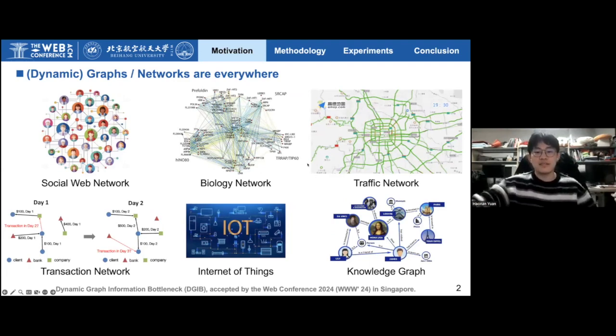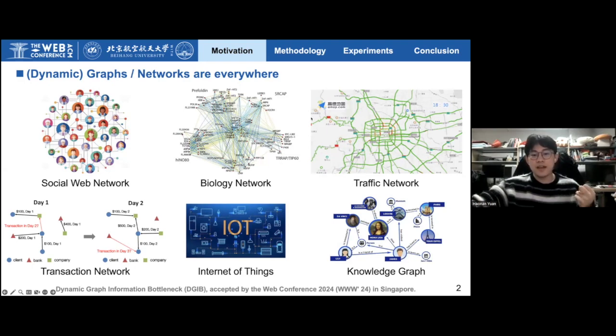As is known to all, graphs, or network structures, are everywhere in real-world scenarios or in cyberspace. For example, the social web network describes the relations between friends, and between celebrities and their fans. The biology network represents the complex interactive patterns between genes, molecules, or proteins.